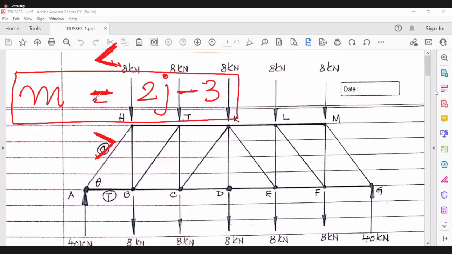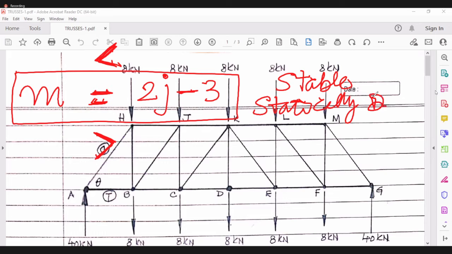If M is equal to 2J minus 3, then it is stable and statically determinate.